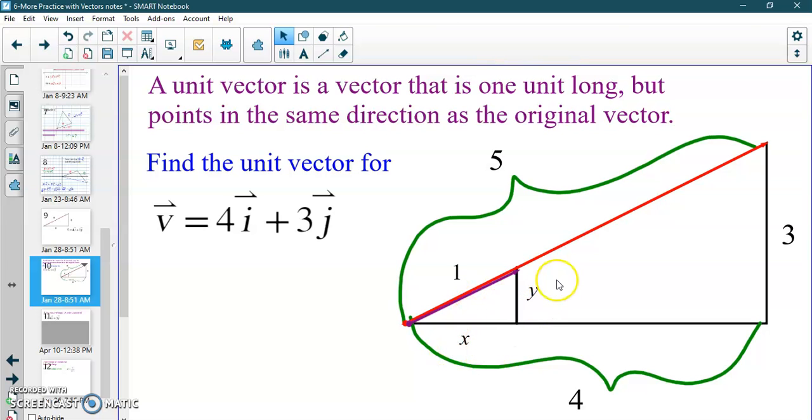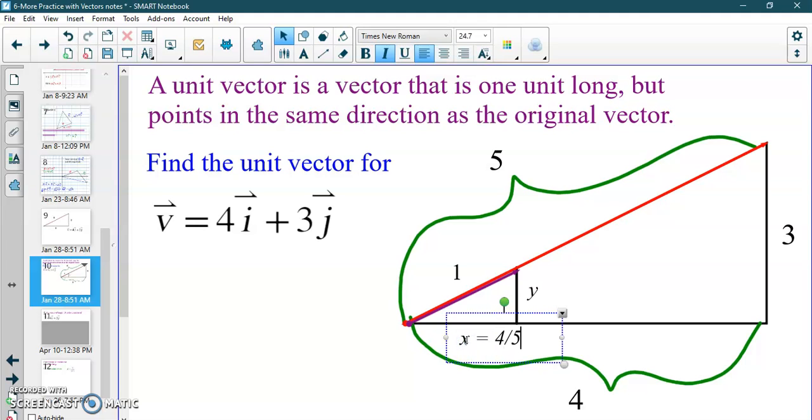We took 5 and divided by 5 to get 1. This triangle is proportionate to the original one because they have the same angle. So if we divided by 5, we're going to divide 3 and 4 by 5 as well. We get x is equal to 4 over 5, and y is equal to 3 over 5.